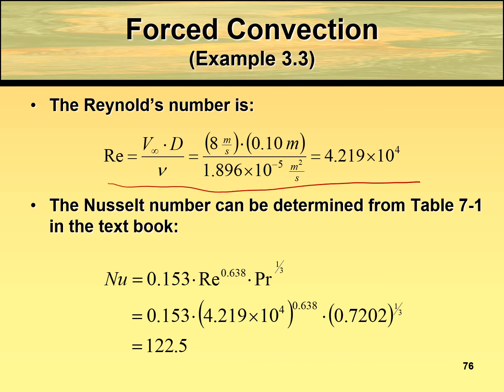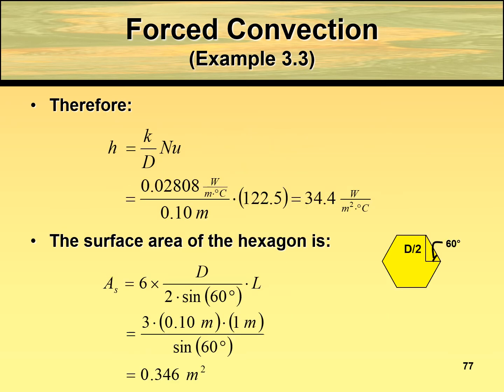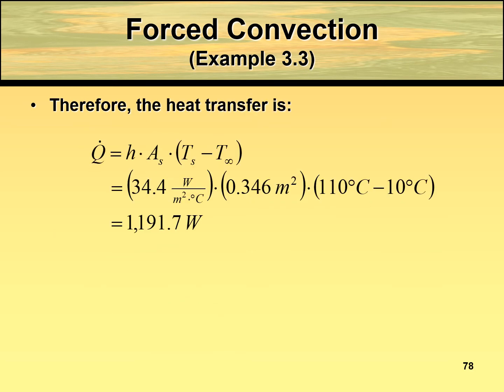Then you refer to the textbook table to get the correlation for the hexagon with the respective Reynolds number range, which is this one. Then the correlation for the heat convection coefficient with the Nusselt number. You calculate the cross-sectional area. Then finally, you can calculate the rate of heat transfer for convection.